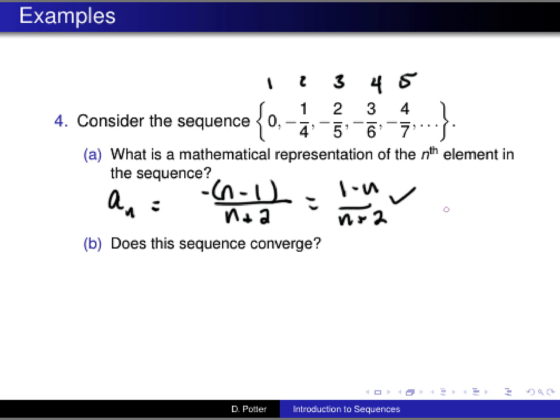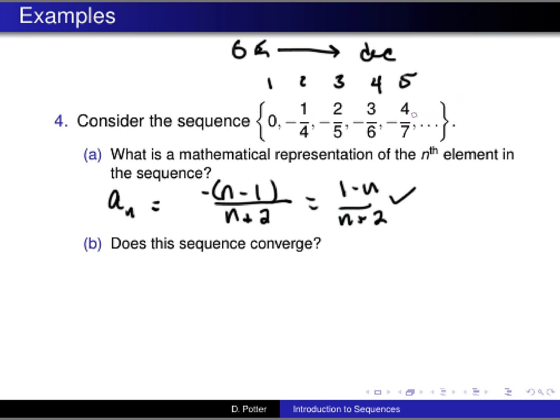I mean, we can look at the limit or look at it that this is definitely decreasing. Negative 1/4 is bigger than negative 2/5, is bigger than negative 3/6, and so forth. So it's decreasing. It is always less than 0, so 0 is going to be the biggest value, and then we're decreasing down below.